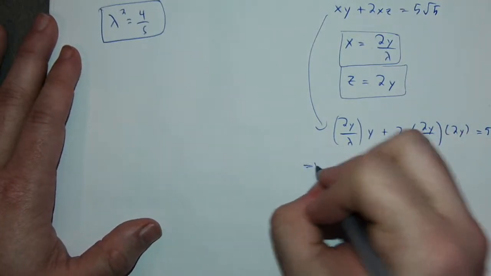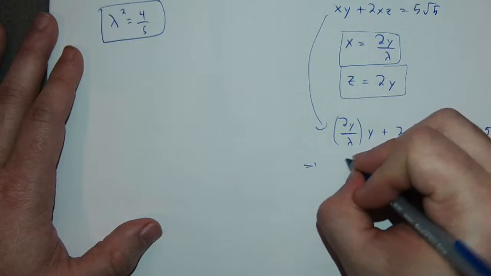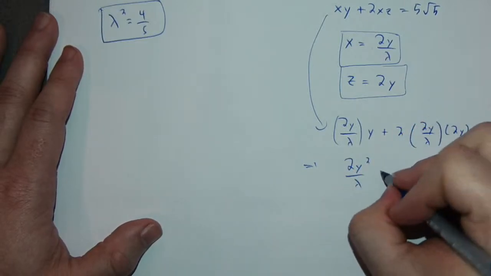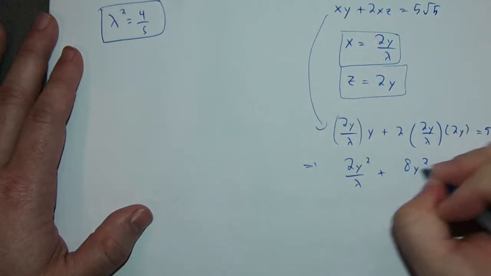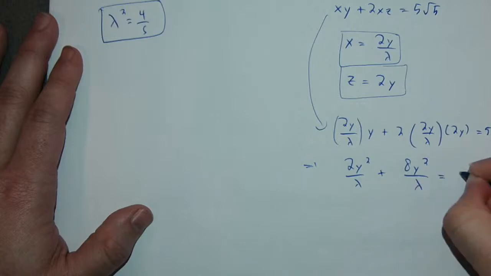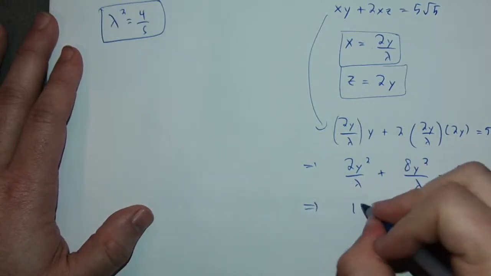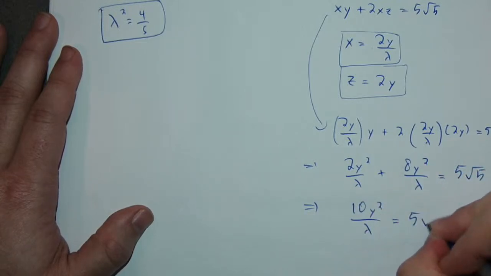Okay, so then simplifying this, what do I get? I would have 2y squared over lambda plus 8y squared over lambda is equal to 5√5. Or 10y squared over lambda is equal to 5√5.